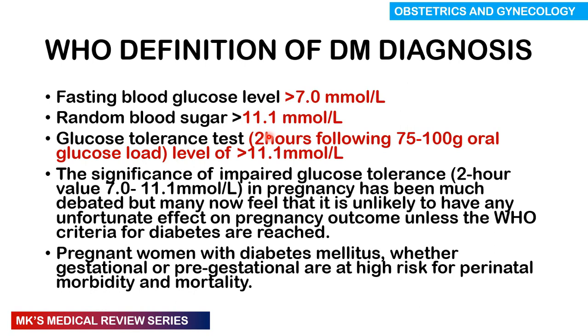So generally, the consensus right now is that even though some people initially thought that it may have some bad effects on the pregnancy, actually doing this test has no detrimental outcome on the pregnancy, unless the WHO criteria for diabetes is actually reached. And remember that pregnant women with diabetes, whether it's pre-gestational or gestational, are going to be at a much higher risk of developing perinatal morbidity as well as perinatal mortality.